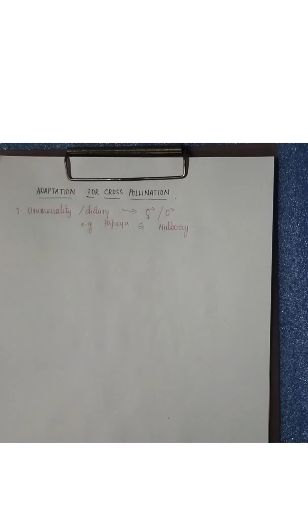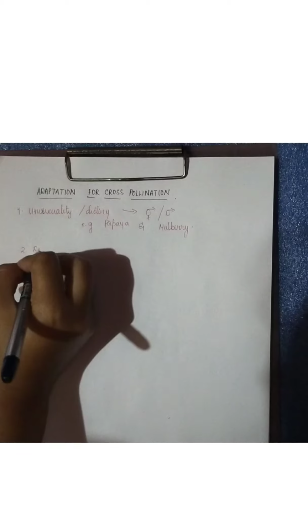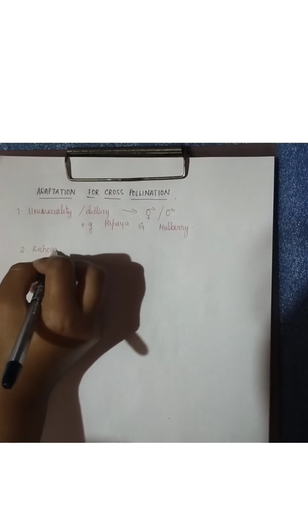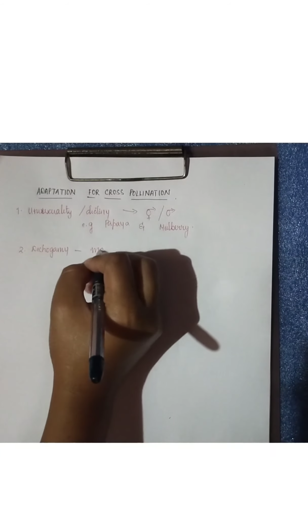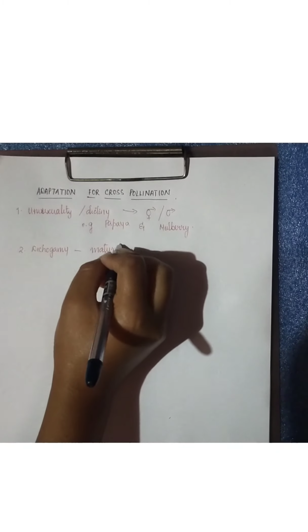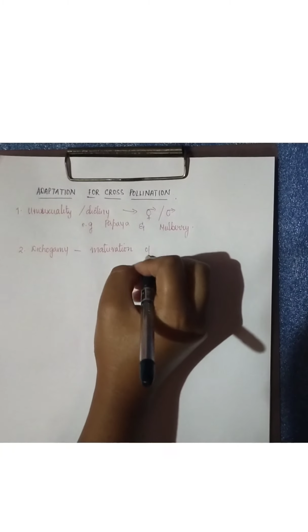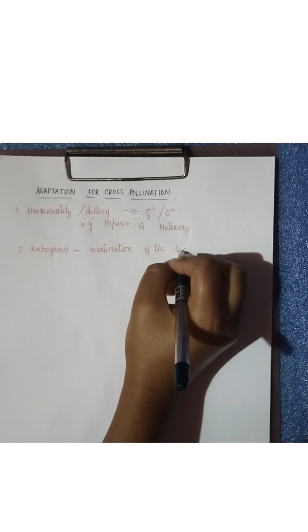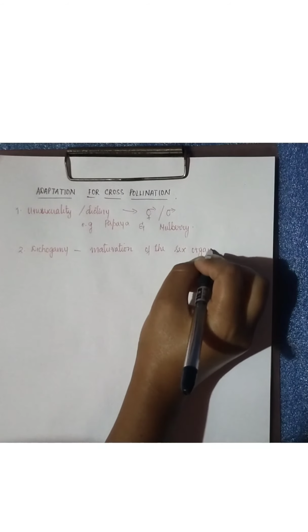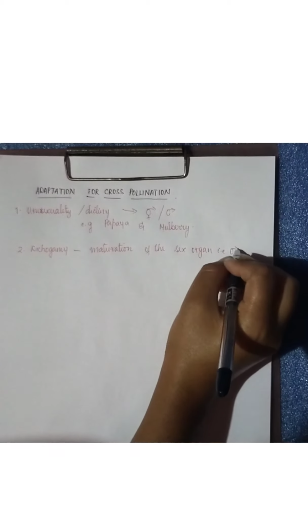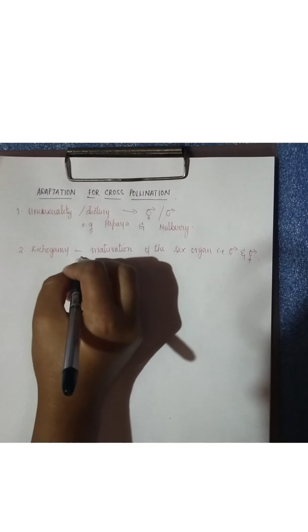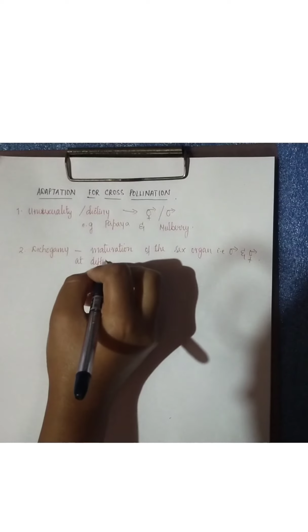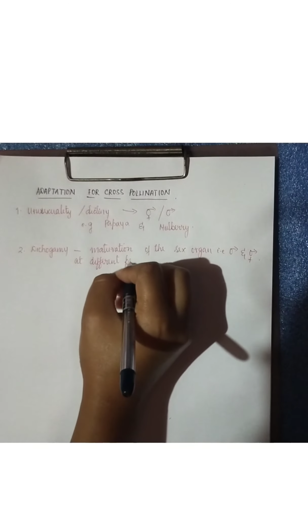So the next character is known as dichogamy. It means the maturation of the sex organ, that is the male and the female gamete, at different periods of time.